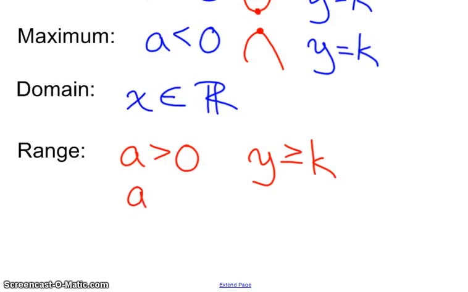Conversely, if a is less than 0, it's opening downward. We have a maximum value, and y is going to be less than or equal to k. So we need to keep that in mind as we are working with and identifying our different quadratic functions or quadratic equations.